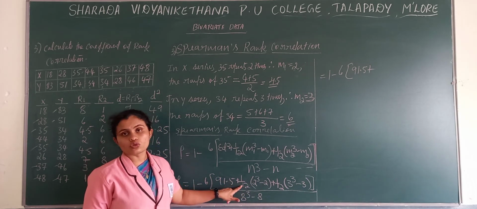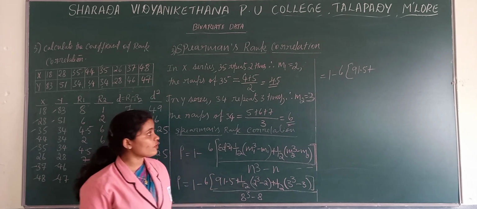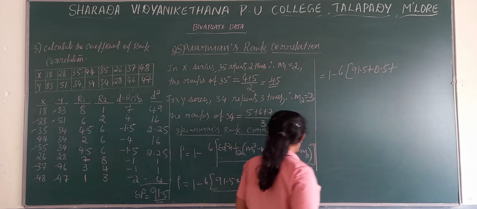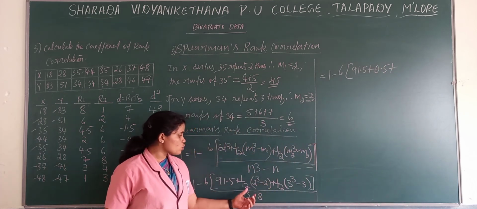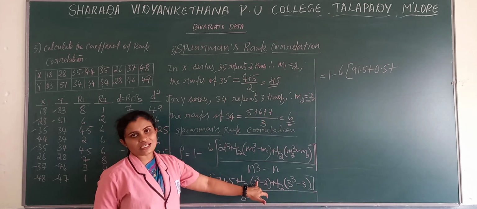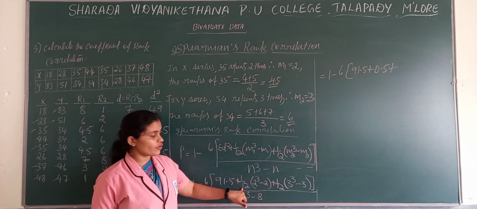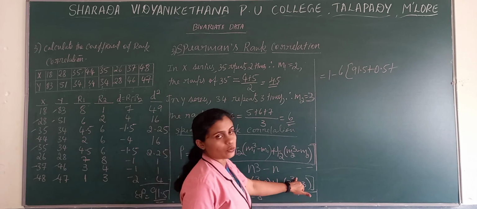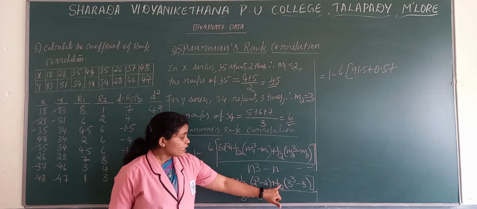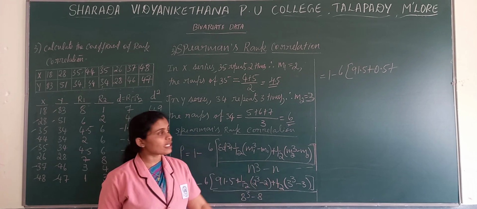So 6 by 12 we get the value 0.5. Then plus 3 cube, 27 minus 3, by 12. So when we do so, we get the value as 2.